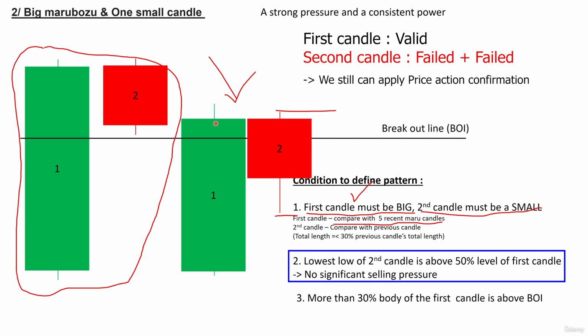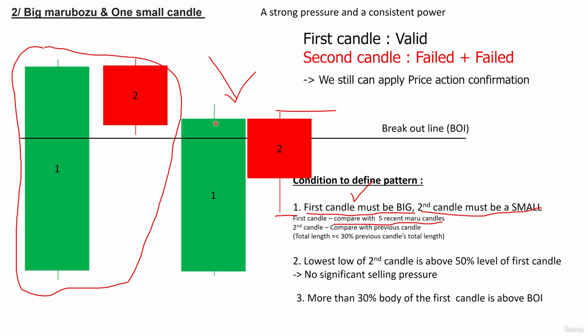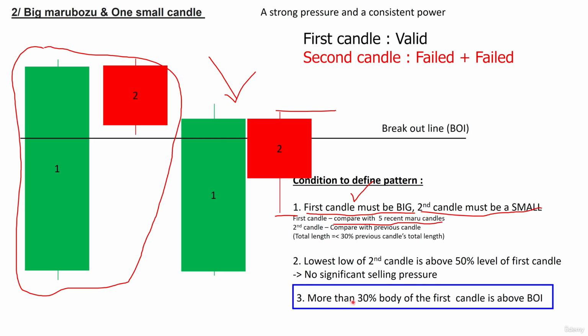But when we come to the third condition right over here, more than 30% body of the first candle is above the breakout line. At this time, you can see that only a very small body of the first candle is above the breakout line right over here. It's not enough for 30% body.